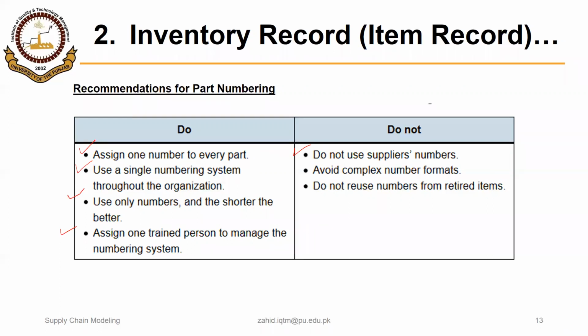The basic purpose of this numbering system is to easily identify the parts, so they don't need to be too complicated. Do not reuse numbers from a retired item. If you are not using some item anymore, it is better to assign a new number to a new part rather than reusing the numbers of the items that are no more in use.